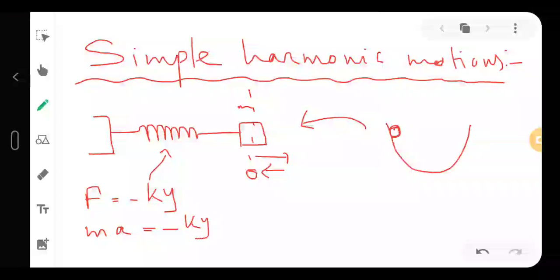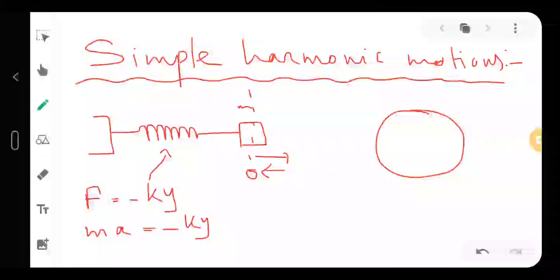Now one more thing we know: for any kind of oscillation we can also compare these systems with uniform circular motion, as I told you in the last class. Uniform circular motion is a nice example of simple harmonic motion, because it rotates again and again throughout the same path.